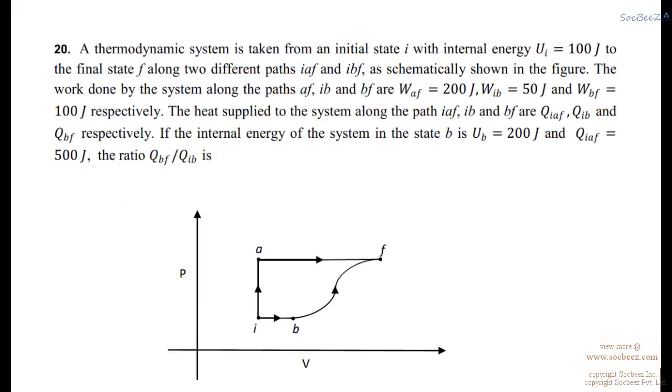Now let's discuss the last question of paper 1 of the physics section. A thermodynamic system is taken from an initial state I with internal energy Ui equals 100 joule to the final state F along two different paths IAF and IBF, as schematically shown in the figure. The work done by the system along the paths AF, IB and BF are WAF equals 200 joule, WIB equals 50 joule and WBF equals 100 joule respectively.